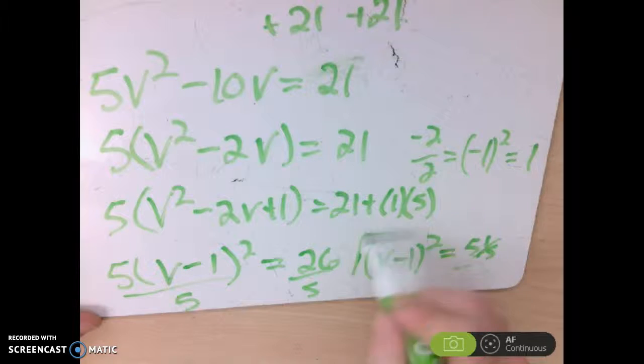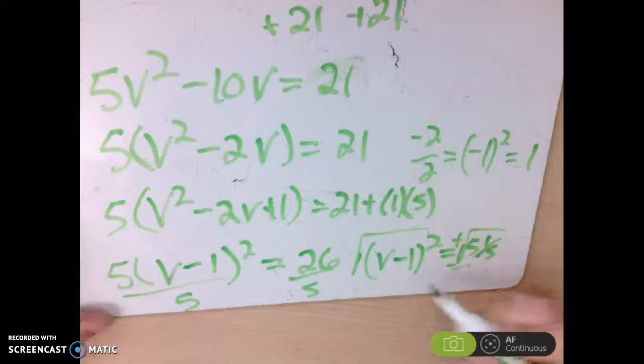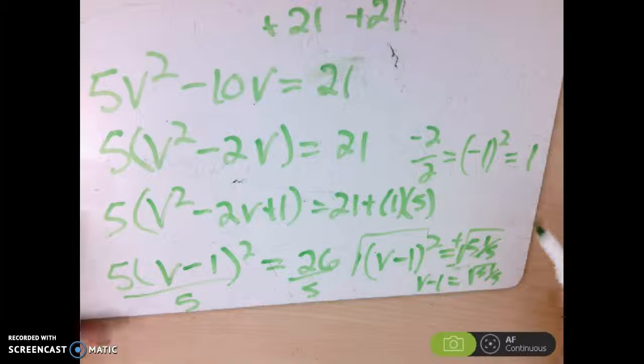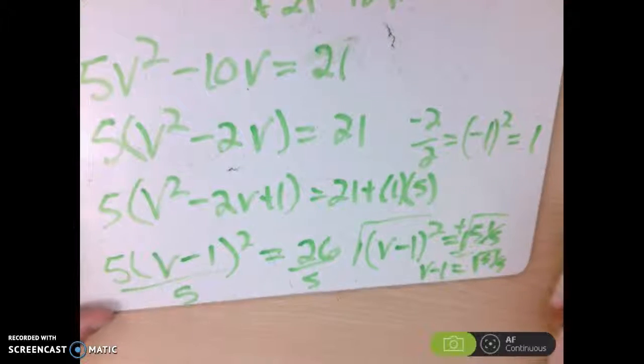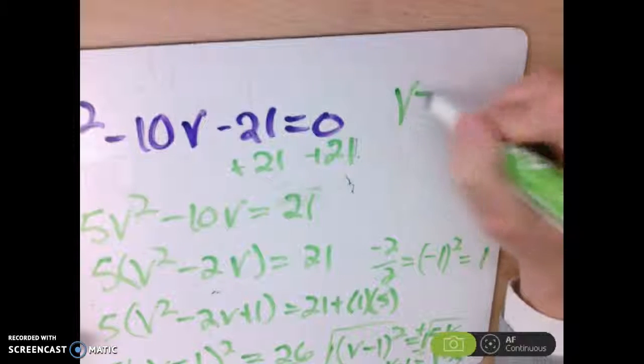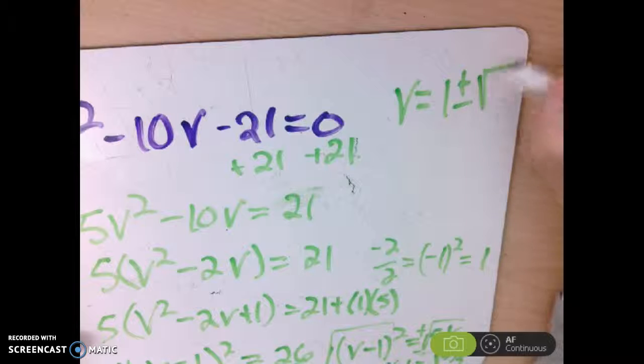And then I'll take the square root, plus or minus. It's really ugly, so I get v minus 1 equals the square root of 5 1/5. And I'll add 1 to both sides. So I'll write it up here. I will get for my final answer v equals 1 plus or minus the square root of 5 1/5.